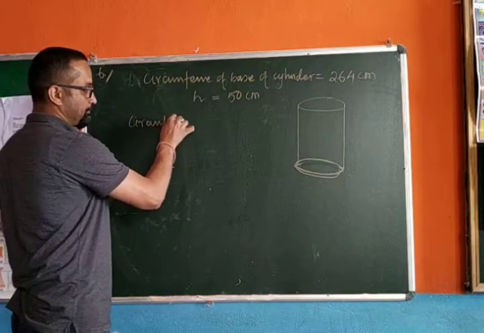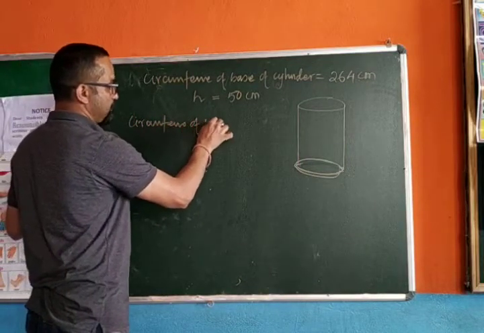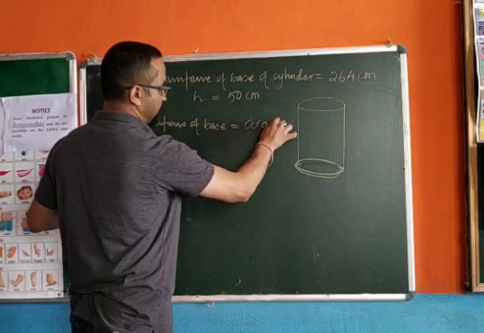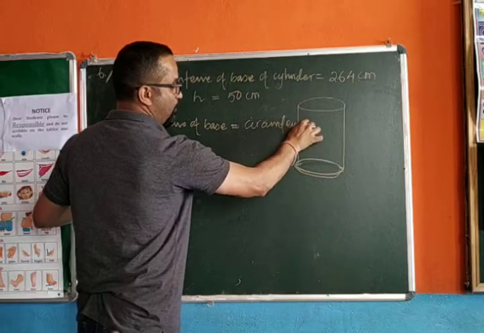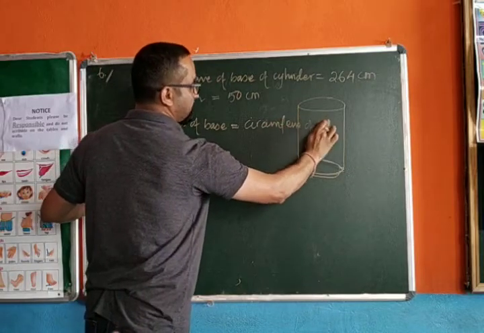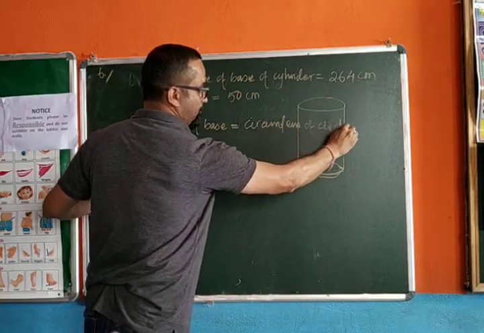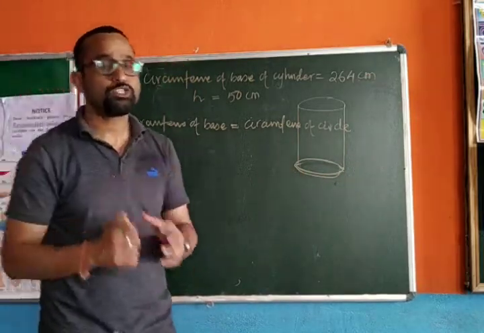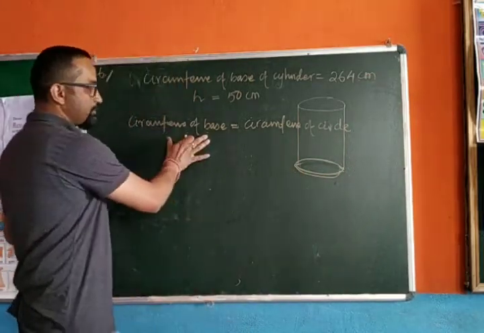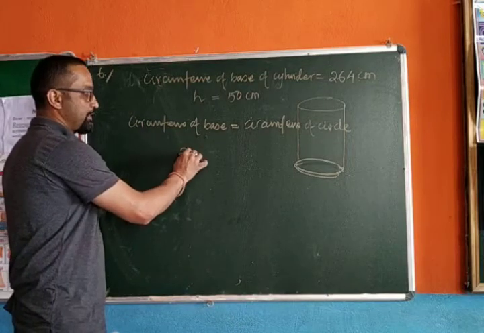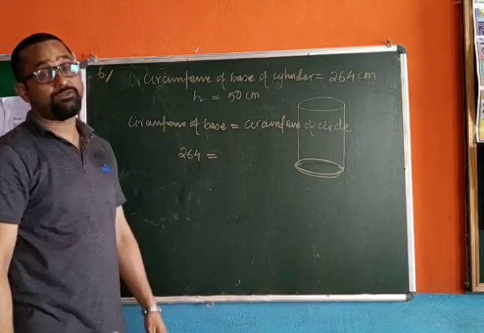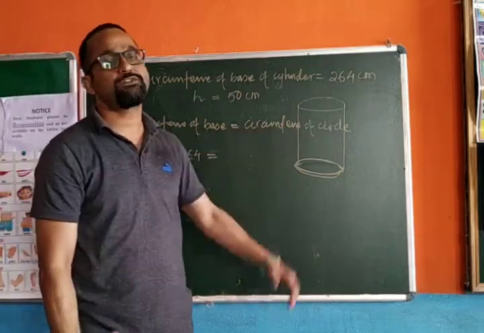Circumference of base is equal to circumference of circle, because the base of the cylinder is in the form of a circle. So we substitute the value here, 264.